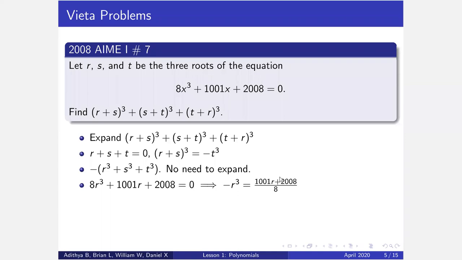Yeah, exactly. Instead of doing this only for r, we plug in s and t, and then sum all three of them. This will give negative r cubed plus s cubed plus t cubed is equal to 1001 times r plus s plus t plus 2008 times 3, all over 8.